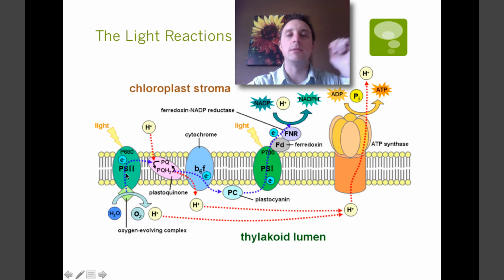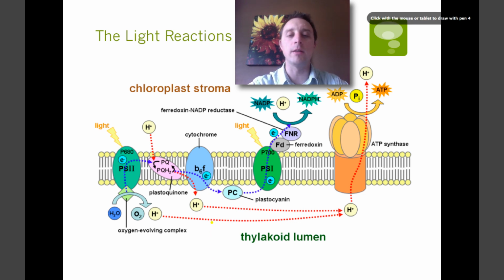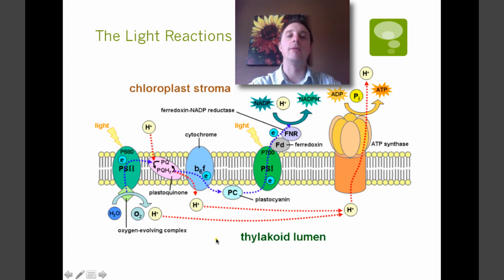From photosystem 2, they get excited by the light. They get passed along this electron transport chain, which takes that energy from the excited electron and pumps hydrogen across the membrane into the thylakoid, where there's already a pretty high concentration. So that's active transport.